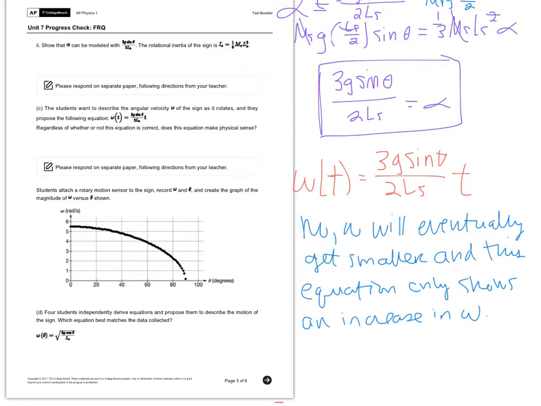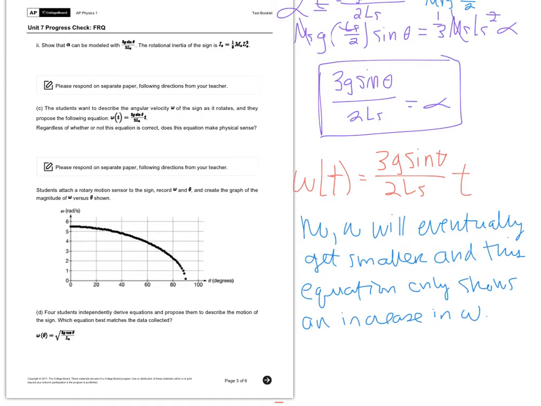So first we can look at the sine and cosine and figure out what's going on with this. Just looking at this graph, you have an angular velocity that starts at 0 degrees, so angle of 0. You have a high angular velocity, and then it is decreasing as the angle gets to be 90 degrees.